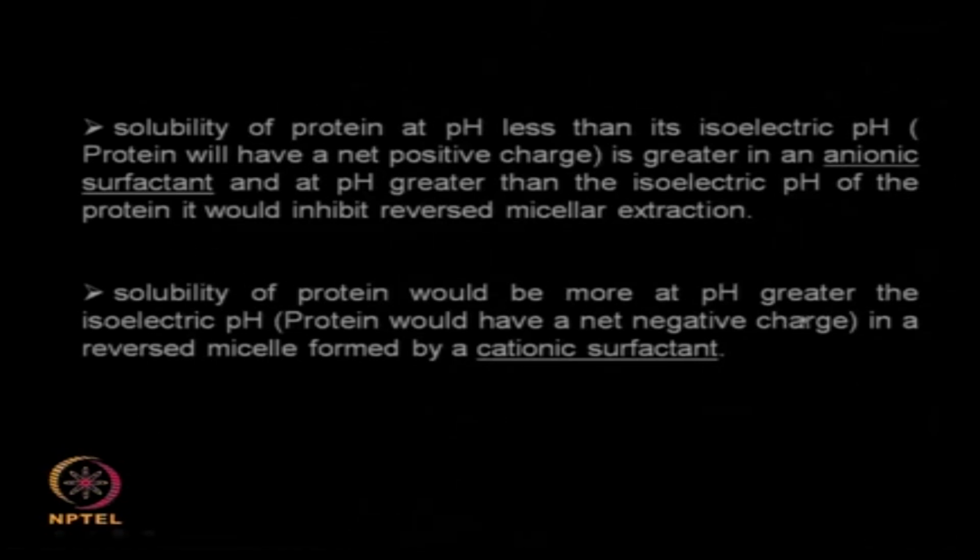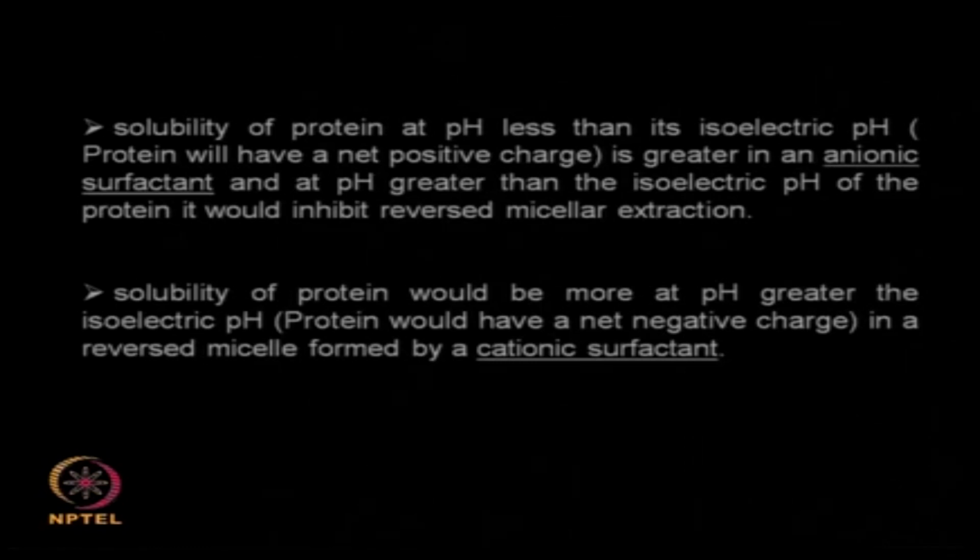So if you want to work at a pH which is greater than the isoelectric pH of the protein, then ideally I should have a cationic surfactant. Otherwise if I am going to work at lower pH, lower than its isoelectric pH, then it will be good to have an anionic surfactant.